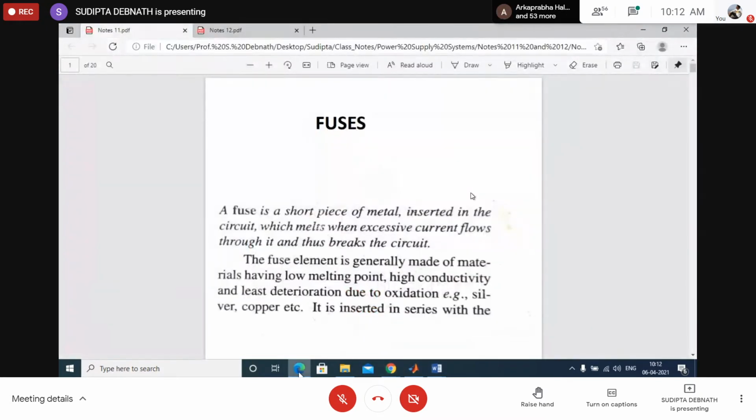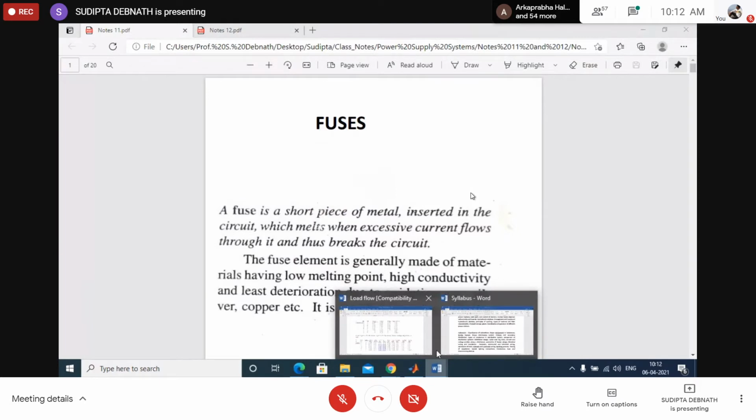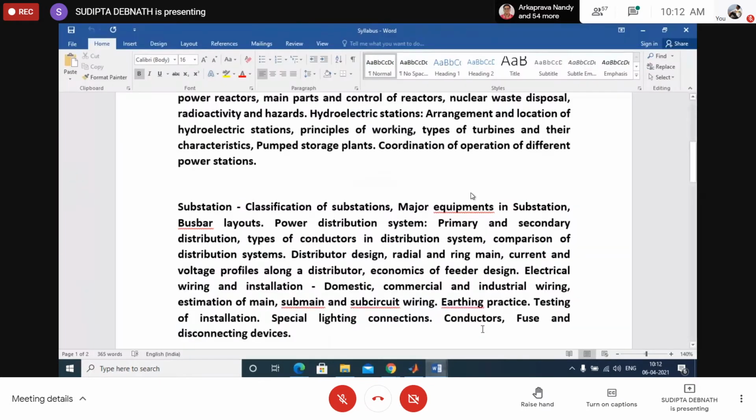Today we'll discuss substation, the major equipments, and bus layouts. Now, in the power distribution system, I think we have covered primary and secondary distribution, types of conductors, comparison of distribution systems, radial and ring main systems, current and voltage profiles, and economics of feeder design.